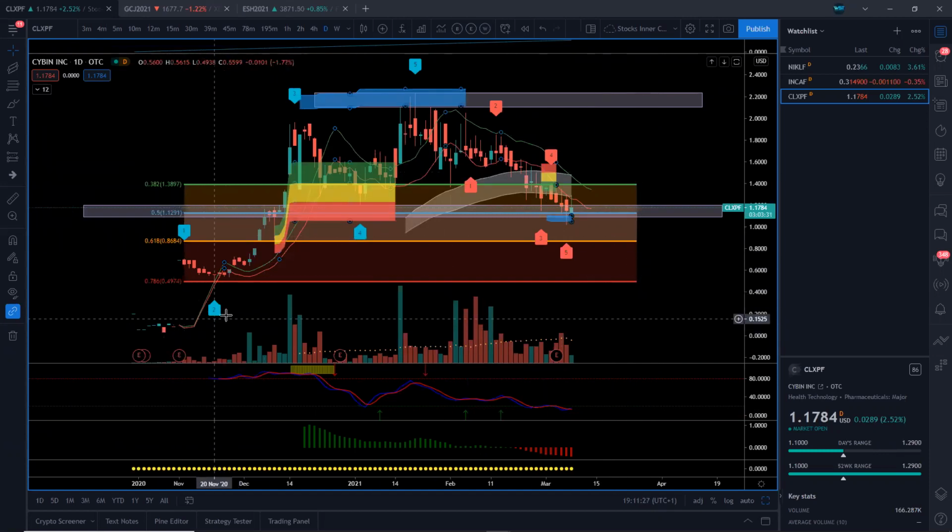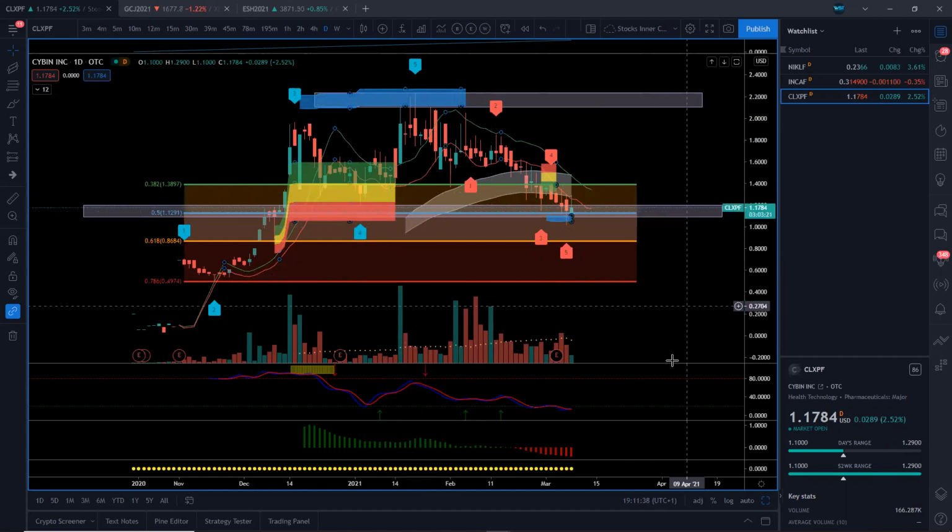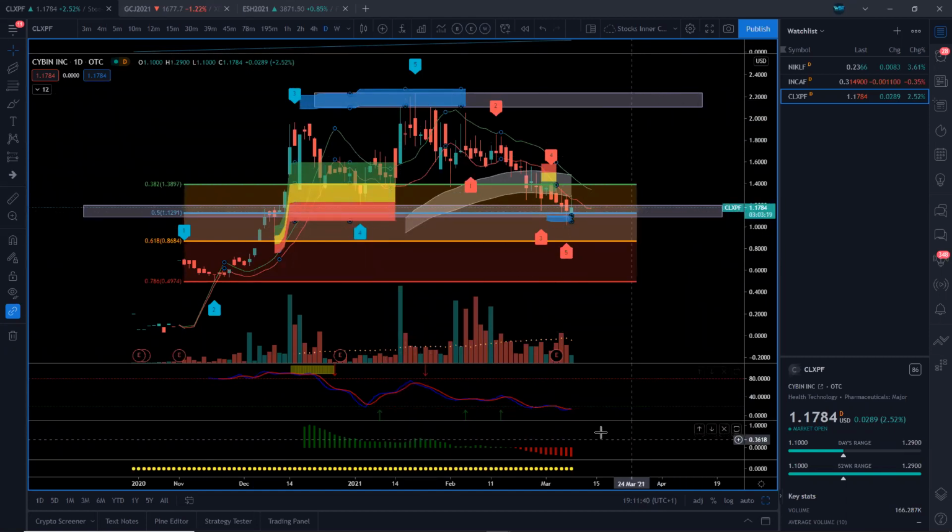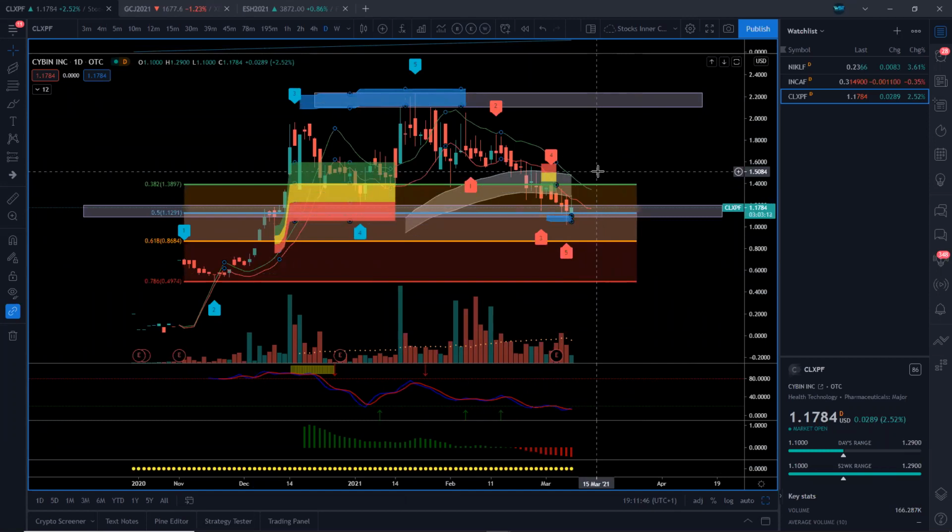So again, 1, 2, 3, 4, 5. Perfect behavior as far as Elliott Wave is concerned. Now we've come back to test this support zone. We are really looking for this to go on the bias for long, and I'd probably be looking for an entry at 1.5084, something like that.